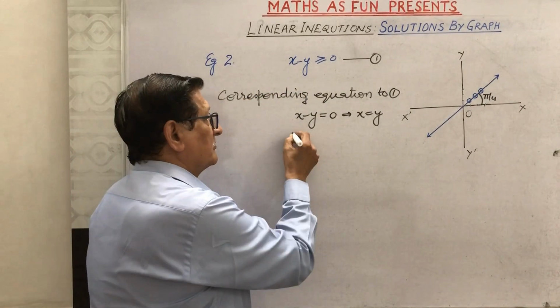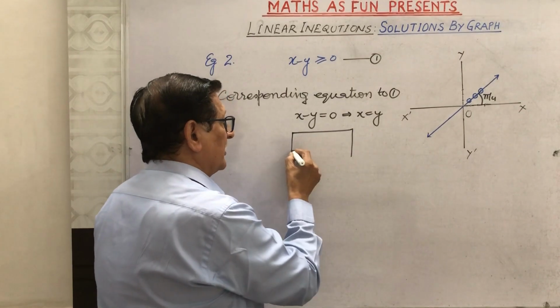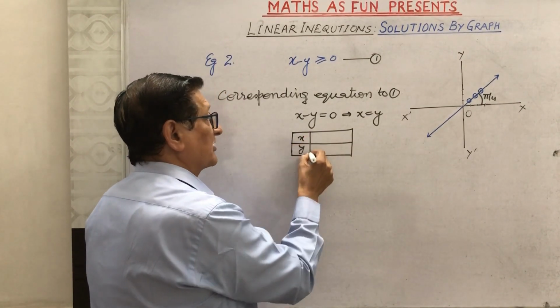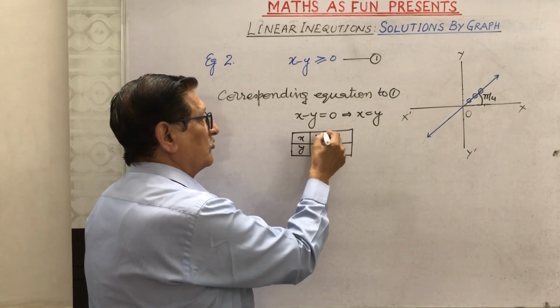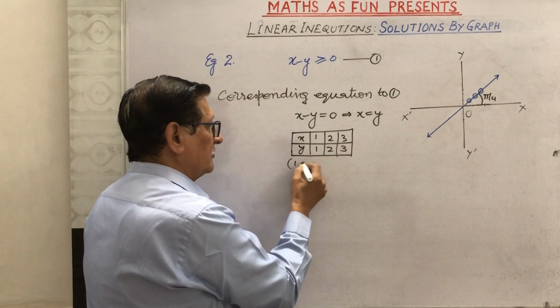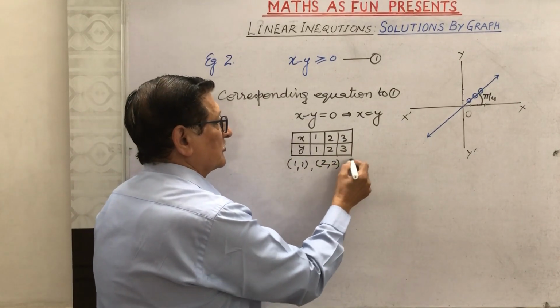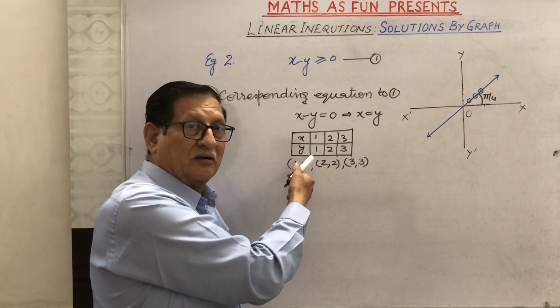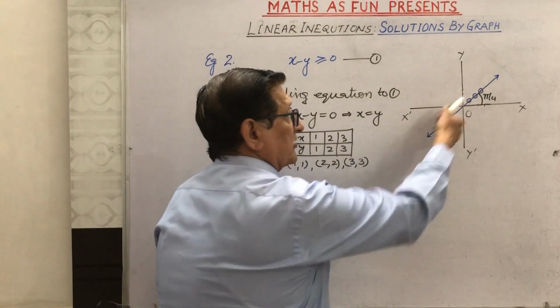Or we can take points on the line with the help of table. This is x, this is y, because x is equal to y. We can take 1, 1, 2, 2, 3, 3. So (1, 1), (2, 2), (3, 3) are the points on the line. Points have been plotted and joined here.